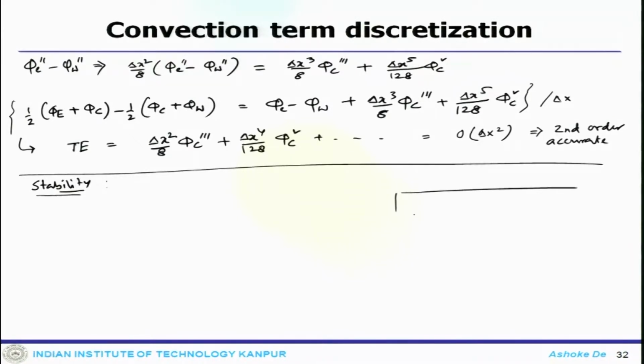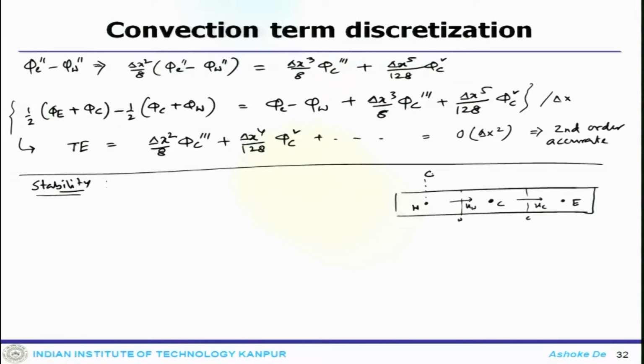For example, if one takes this kind of a stencil like this, C, east, west, so this is the W face, and this goes in this direction, this is UE, UW.